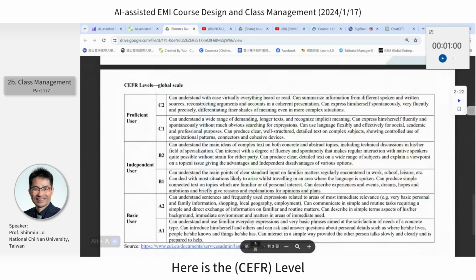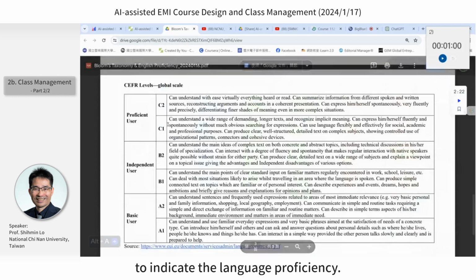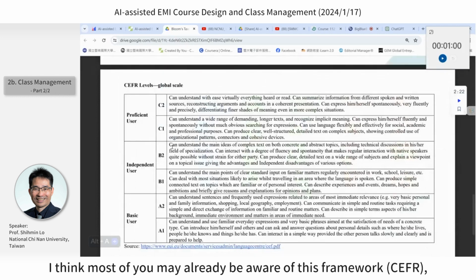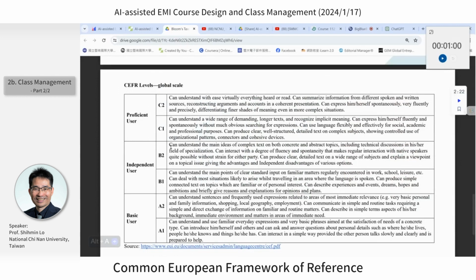Okay, so here is a level to indicate the language proficiency. I think most of you may already be aware of this framework, the Common European Framework of Reference on Language Skills, CEFR.